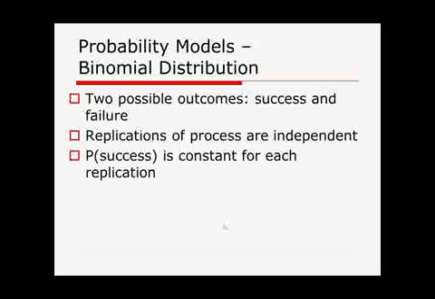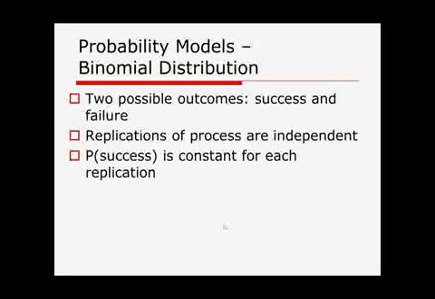The idea here is each person can experience one of two possible outcomes. We usually call the response options success and failure. They can be yes, no responses. The likelihood that one person has a successful response is independent, has nothing to do with the likelihood that someone else has that.